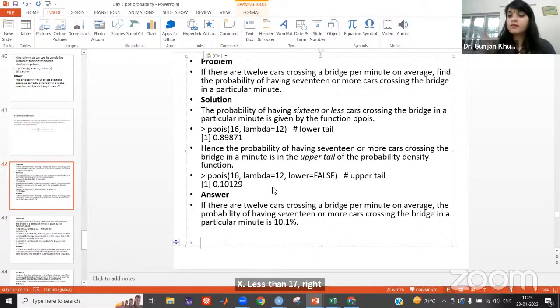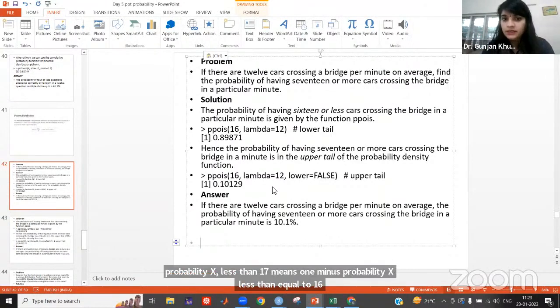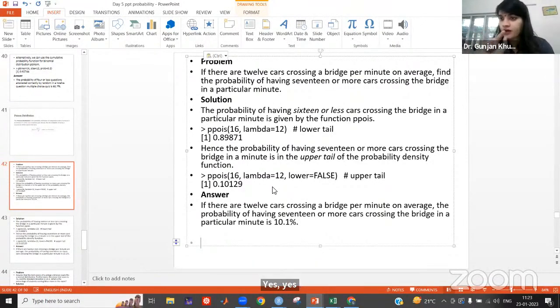So 1 minus probability x less than 17 means 1 minus probability x less than or equal to 16. So you will use 1 minus P poise, x less than or equal to 16, meaning 16 comma the mean lambda equal to 12.